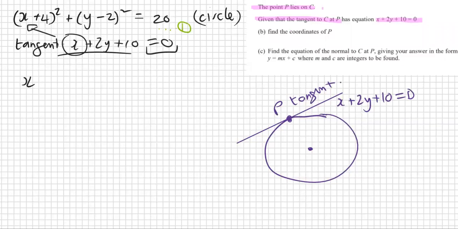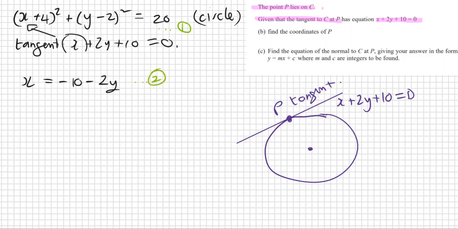We still need the 0. We minus 10 on both sides. It's negative 10. Minus 2y on both sides. They cancel out on the left and becomes negative 2y on the right-hand side. So we can call this our equation number 2.